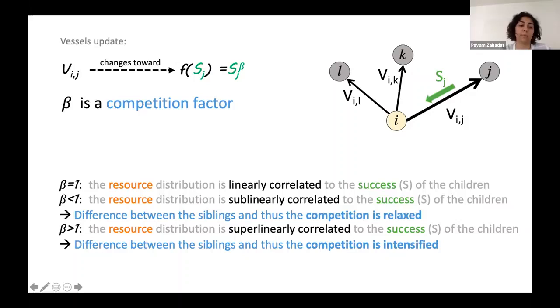If beta is 1, it is directly correlated with the base distribution of the resource. If beta is lower than 1, we will have lower competition, more relaxed competition, because the differences between the siblings are lower. And if beta is higher than 1, we have intensified competition, and we intensify the differences between siblings.